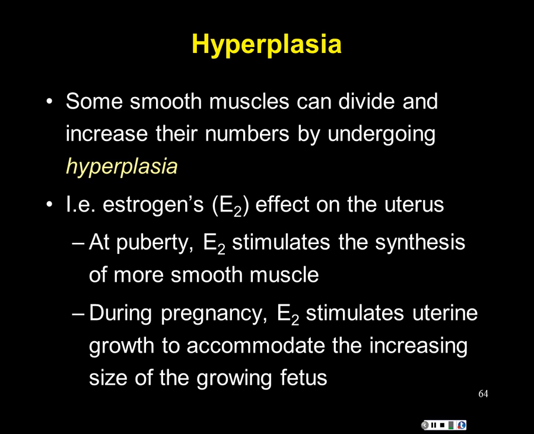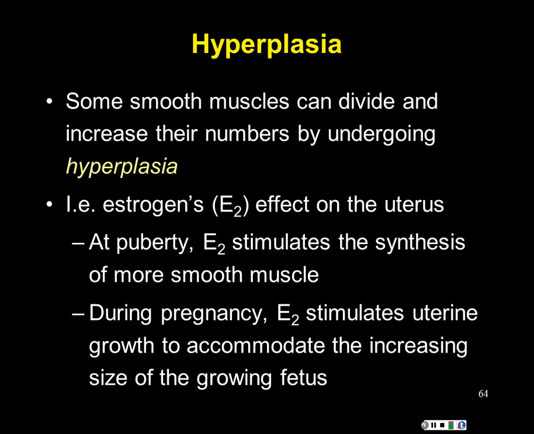This is illustrated during puberty in the smooth muscle tissue in the uterus. The abbreviation E subscript 2 is estrogen, or a form of estrogen. The estrogen targets the smooth muscle cells to divide and increase the smooth muscle content. Okay? As well as the same thing during pregnancy. The smooth muscle numbers can increase in that case as well.